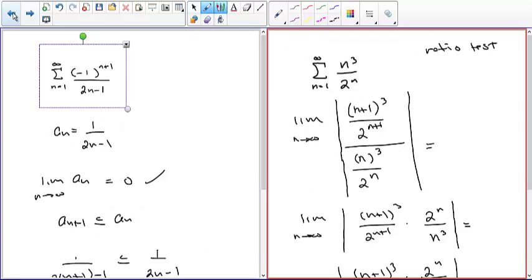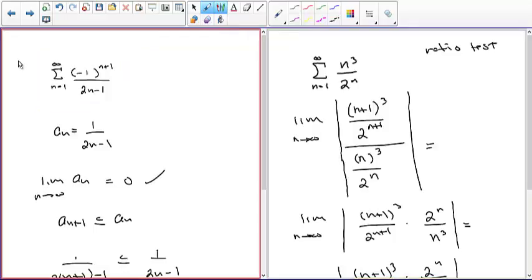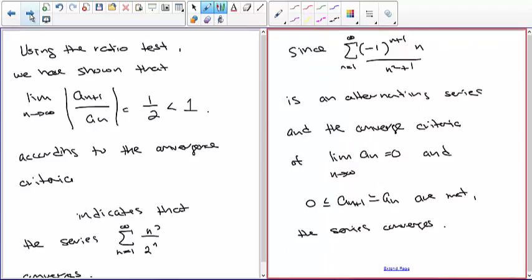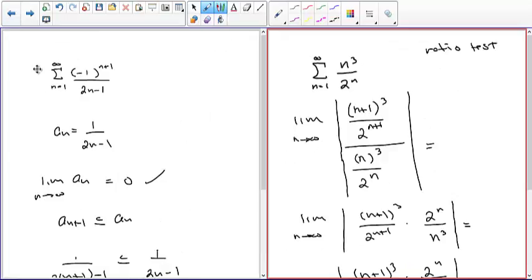Okay, so let's back up. We said this one was an alternating series. Didn't we do that in the last one? I think we've already shown that. So what you probably should do is take this description and just apply it to this.